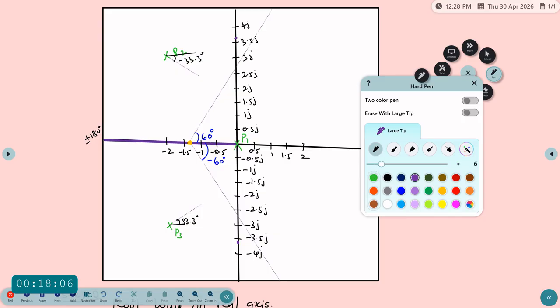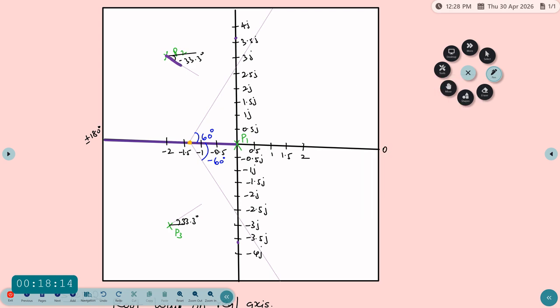Yes, now we can see our second root locus is going to start from P2, releasing at an angle of minus 33.3, then crossing through that plus 3.6j and traveling in parallel with this 60-degree angle of asymptotes.